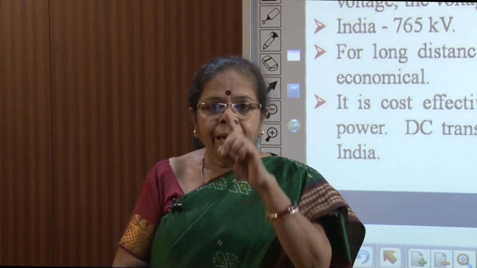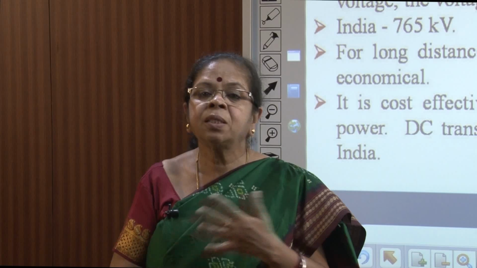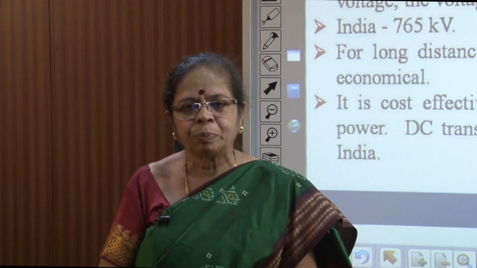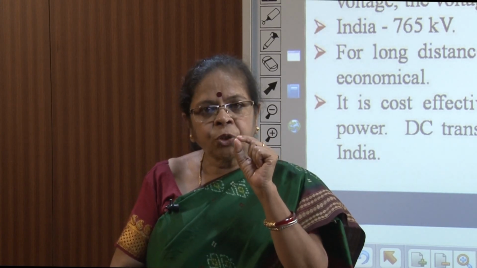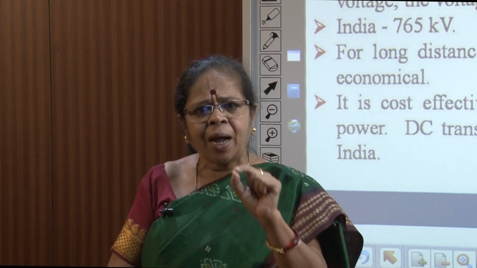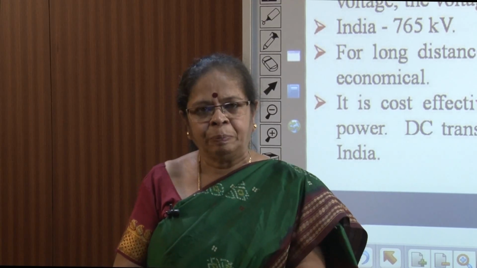So, the X component in your Z doesn't affect the voltage drop. So, the voltage drop in DC is simply IR, whereas in AC it will be IZ.